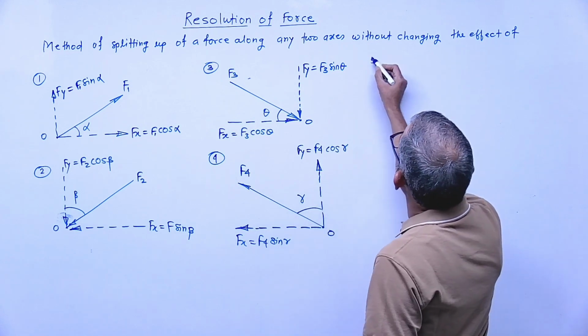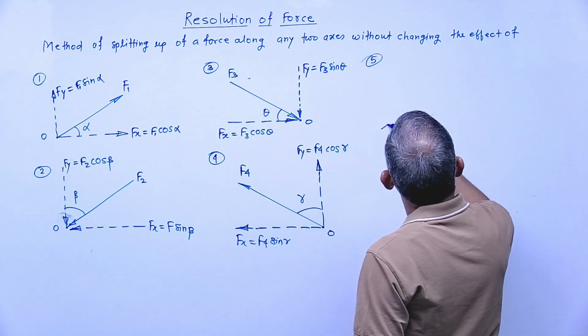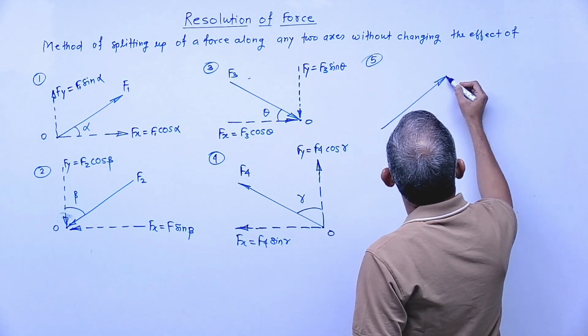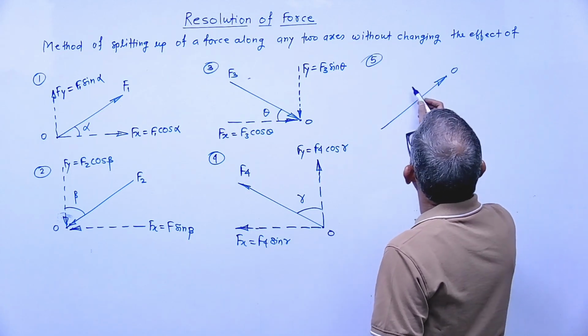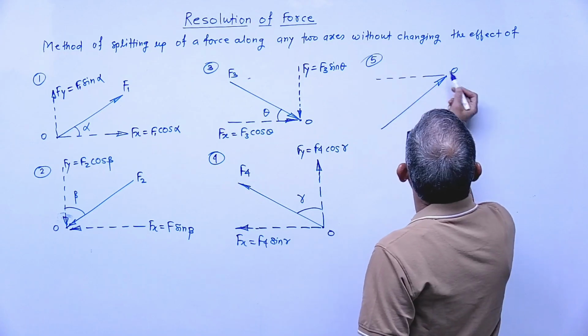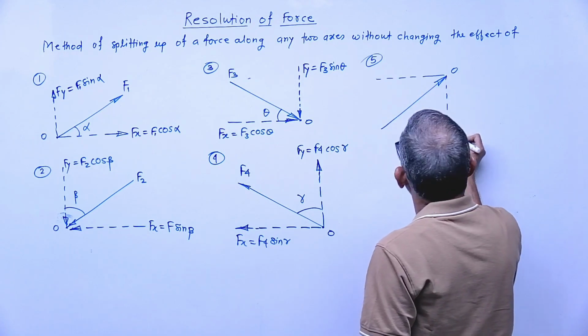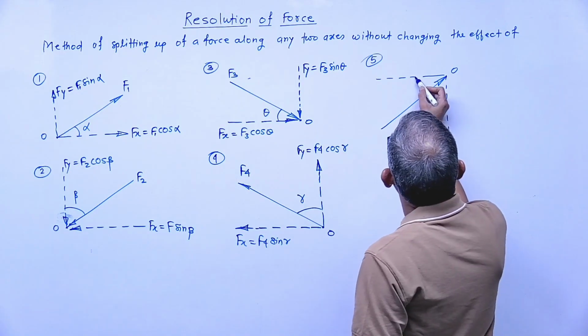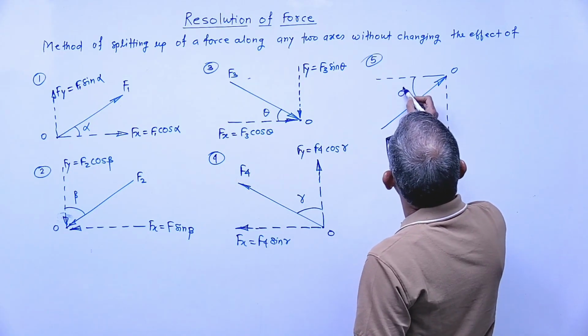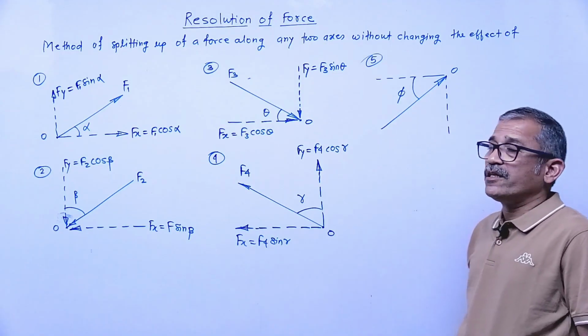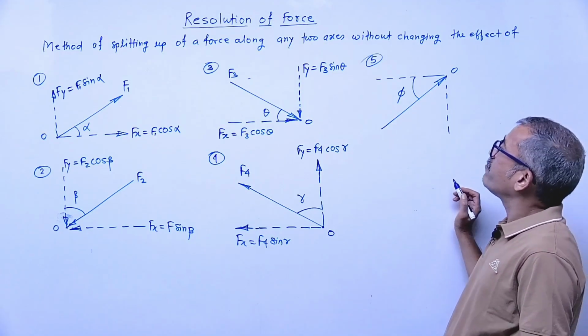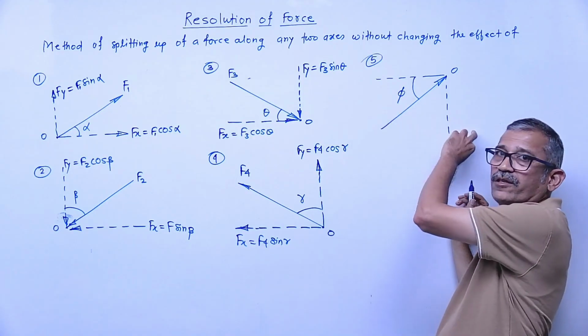Number 5. Now force is acting like this at this point O. Suppose third quadrant, this one is horizontal, this one is vertical, right? Angle is given with horizontal, this angle is phi. If inclination is given with horizontal angle phi, the horizontal component is cos, the vertical component is sin.